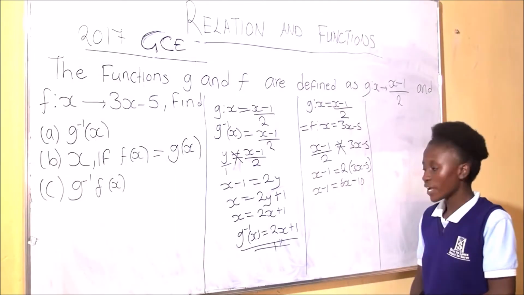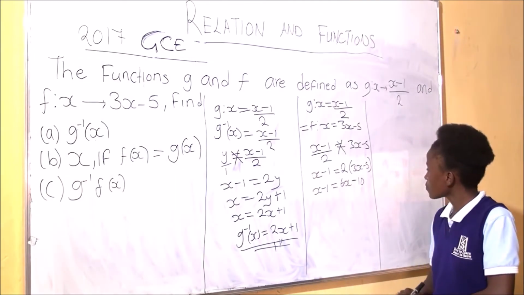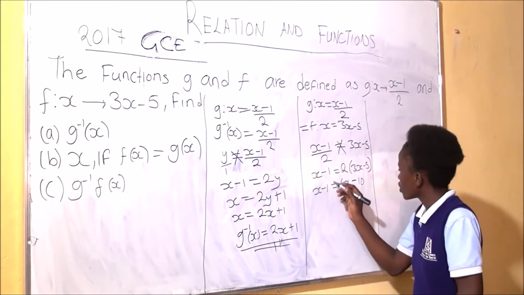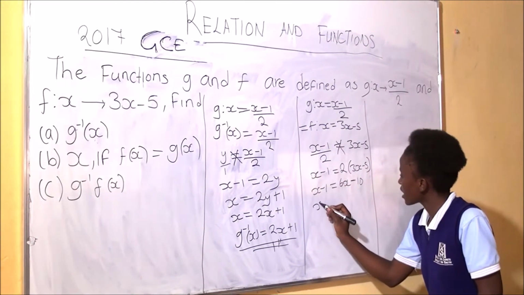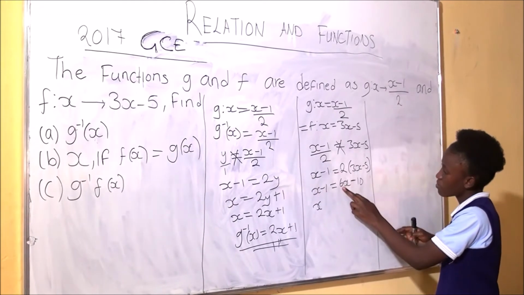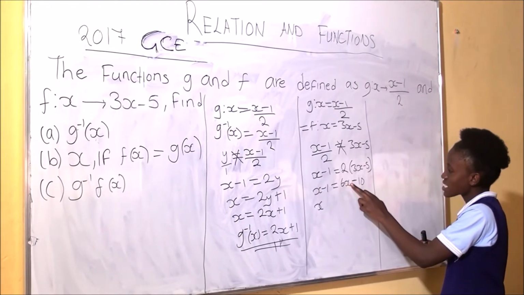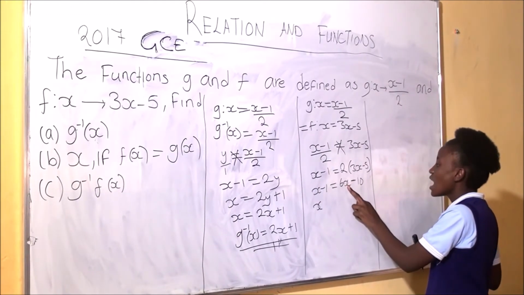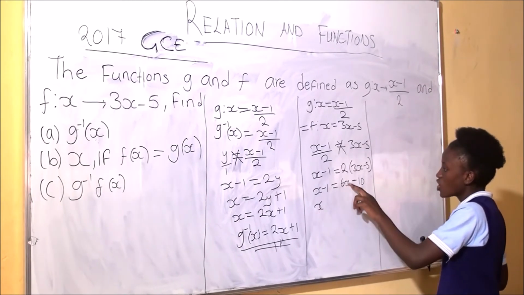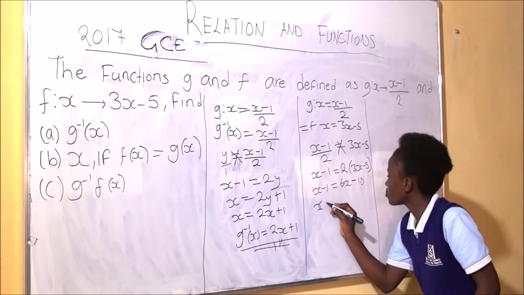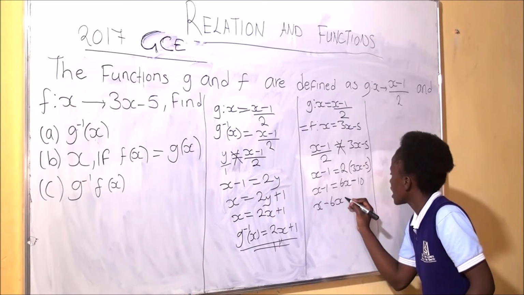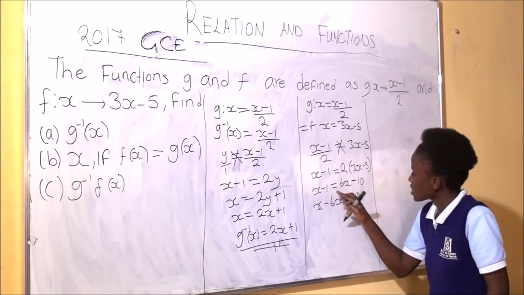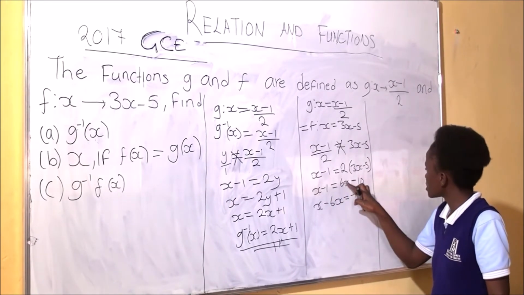We are going to collect the like terms so that we can finalize our question. So now, on this side we have x, and on this side we have 6x. So 6x is alike to x. So this one is going to cross the equal sign, which will be negative 6x is equal to negative 10. Then we have negative 1 here, which is similar to 10.